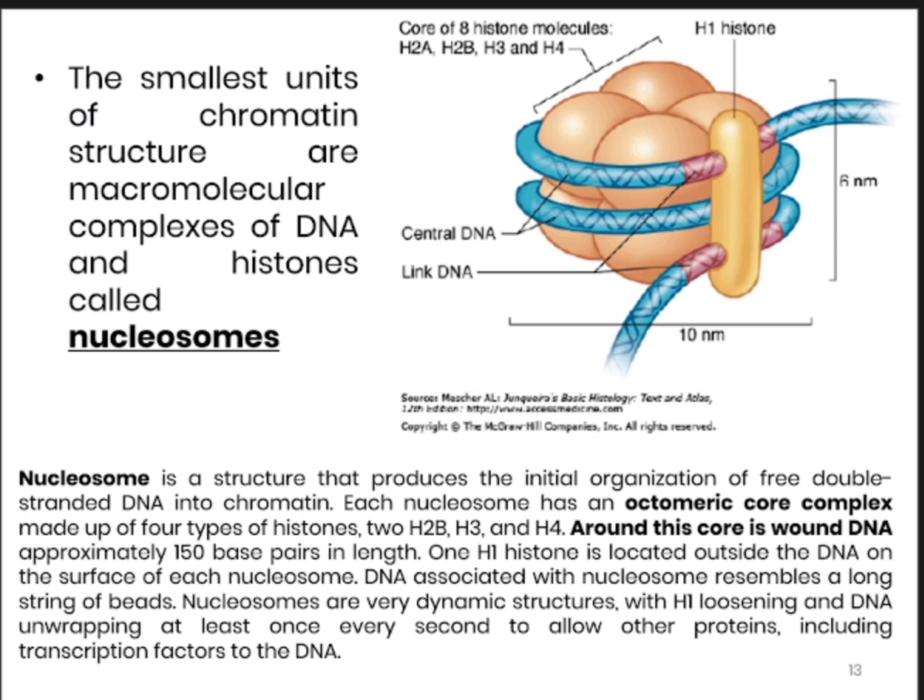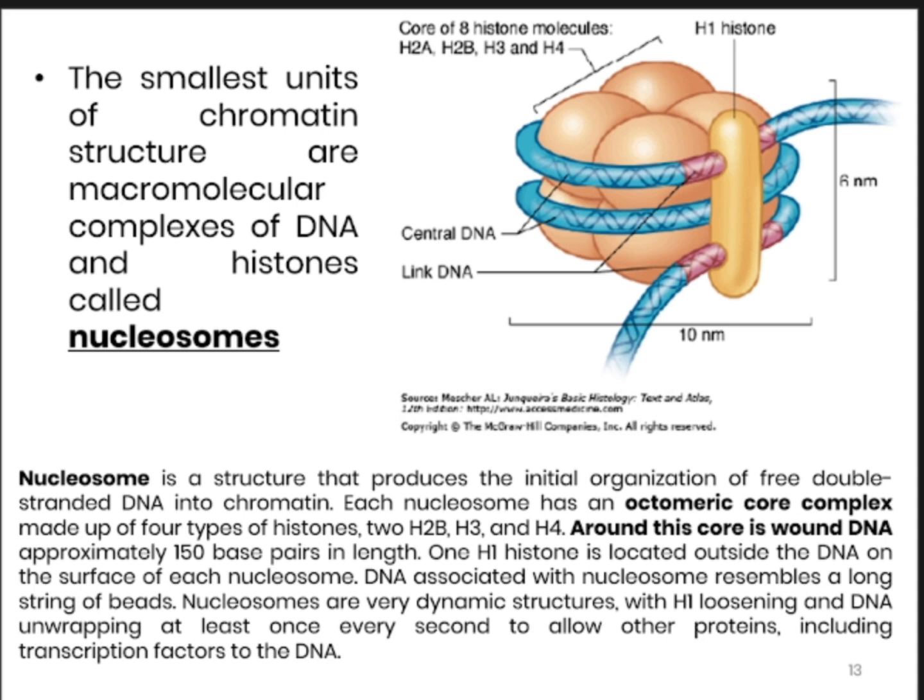So we have here an image of your nucleosome. When we talk about your nucleosome, those are the smallest units of chromatin structure, which are macromolecular complexes of DNA and histones.